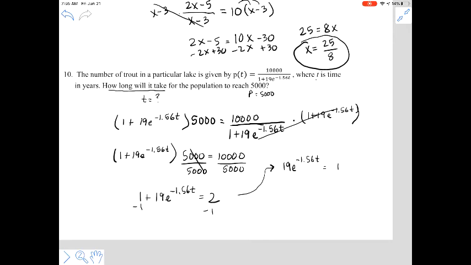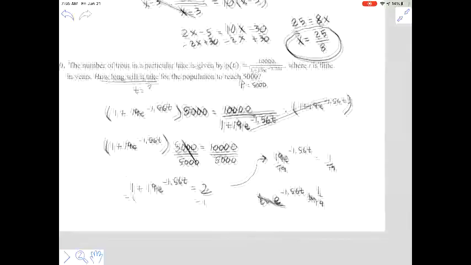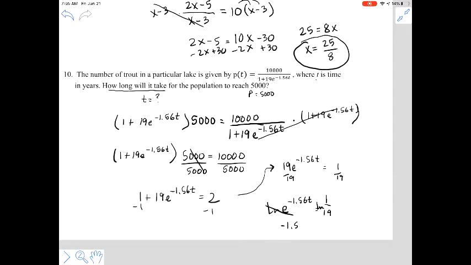Since it's an exponent, I need to cancel the base. And since it's base e, I'm going to use natural log. So I've got negative 1.56 equals natural log 1/19. Oops, negative 1.56 t, there we go. And then I can divide by negative 1.56.